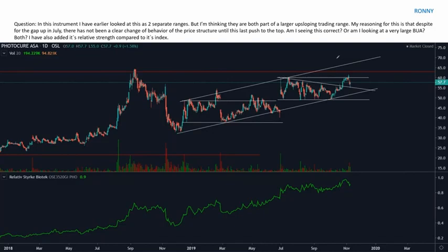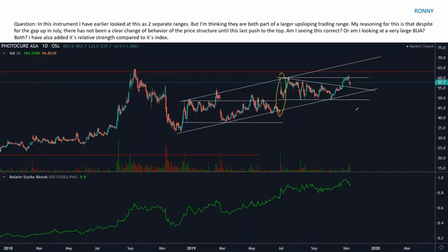My reasoning is that despite the gap in July, this one right here, there hasn't been a clear change of behavior in the price structure until this last push to the top. Am I seeing this correctly, or am I looking at a very large backing up action?